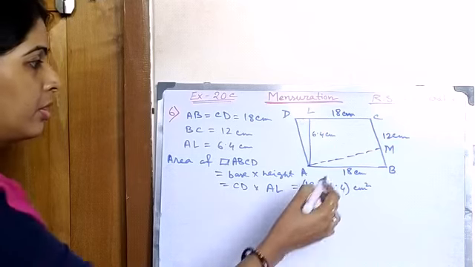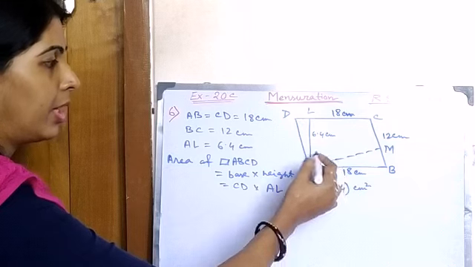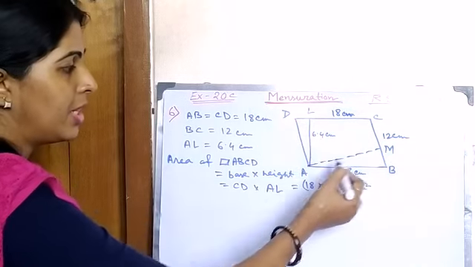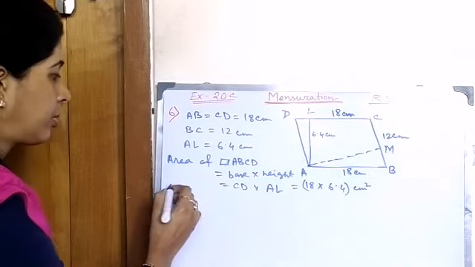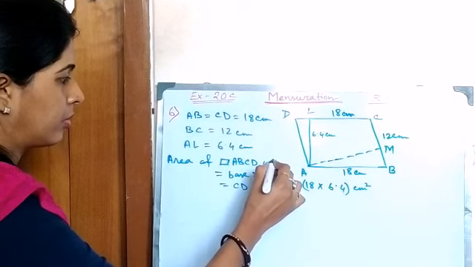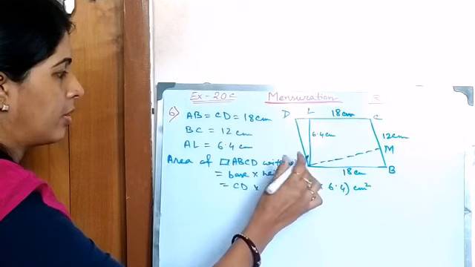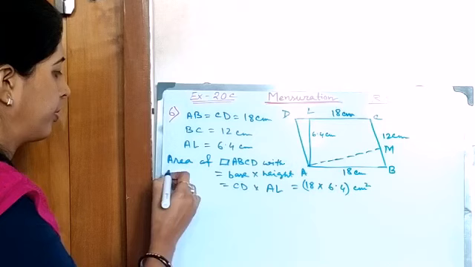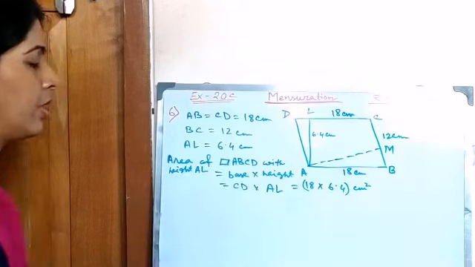After that we will find out the area of the parallelogram ABCD once again, but here we will use the base BC and the height AM.